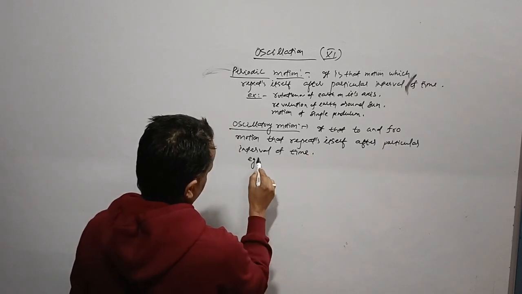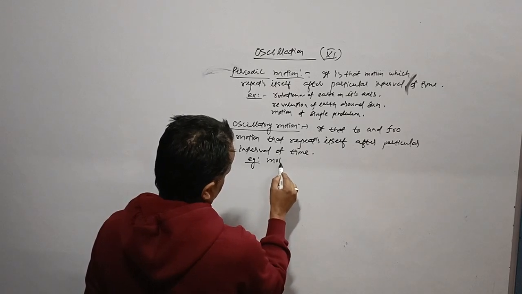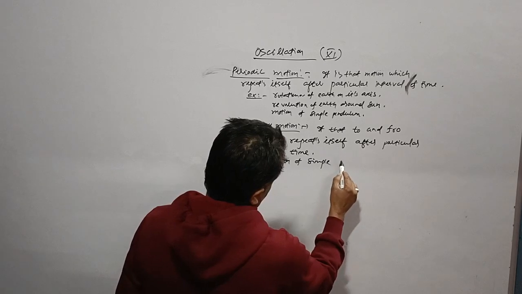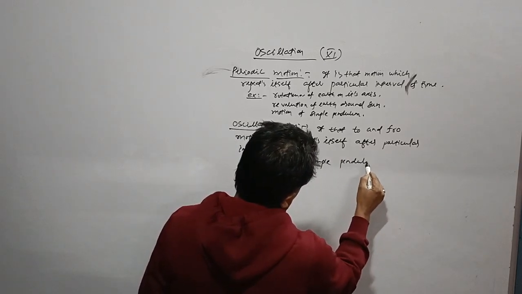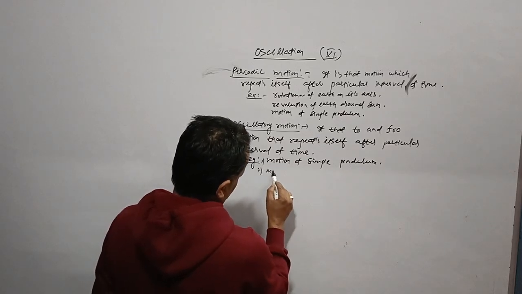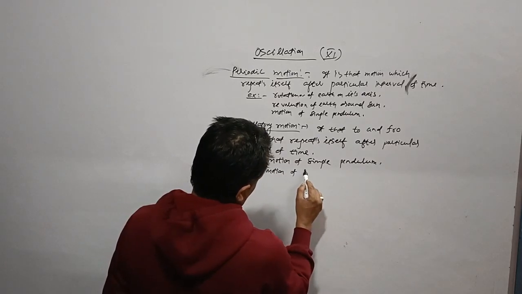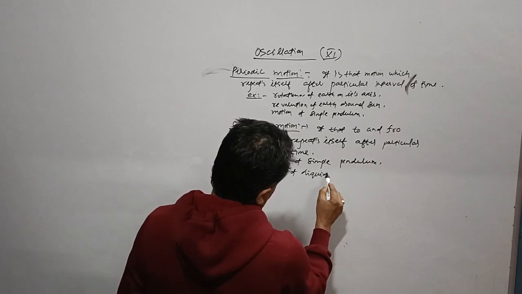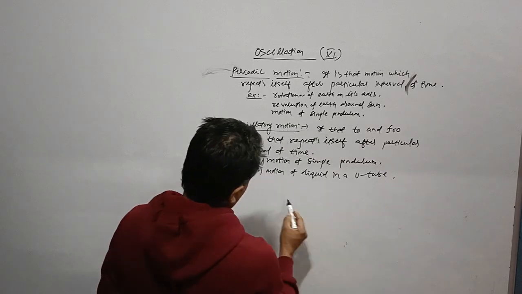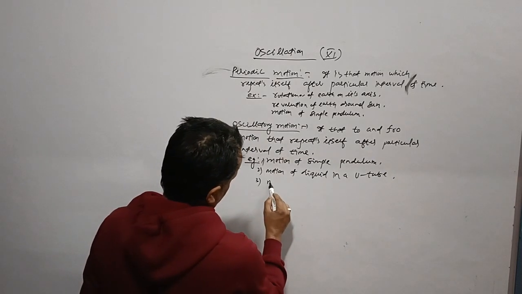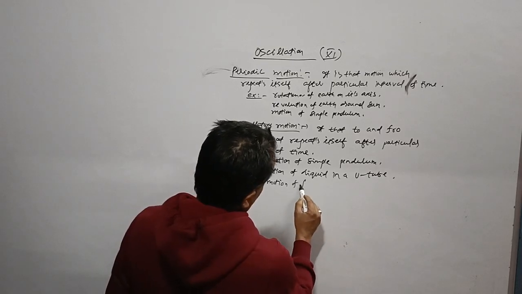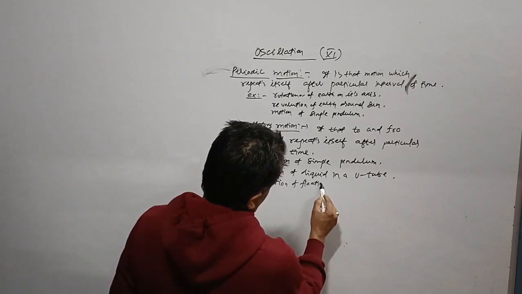Examples will be motion of simple pendulum, then motion of liquid in a U-tube, then motion of floating cylinder.